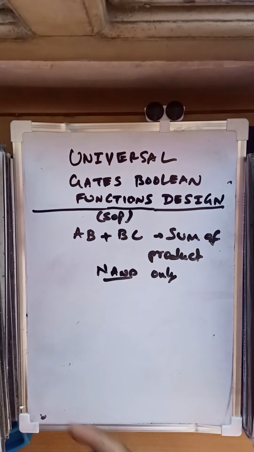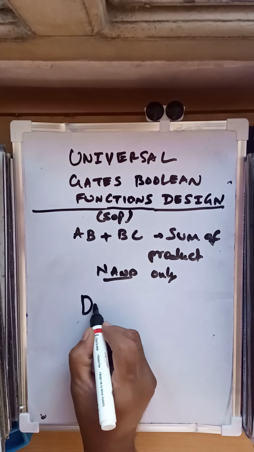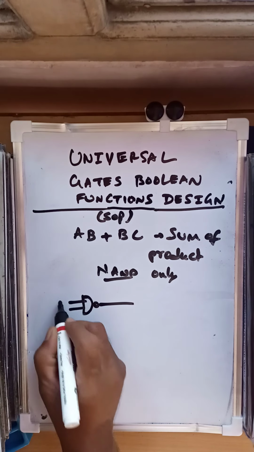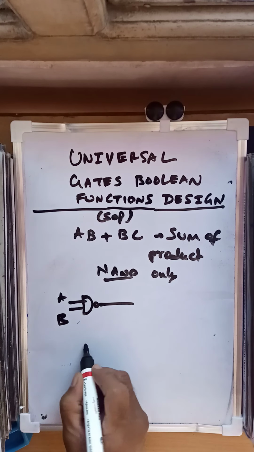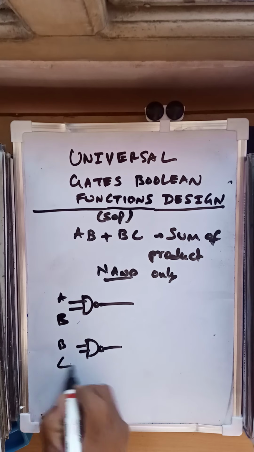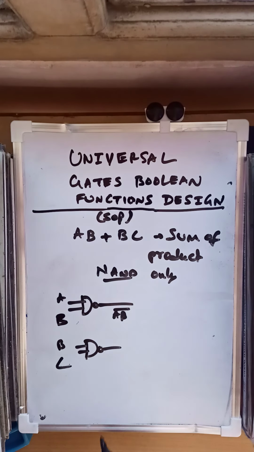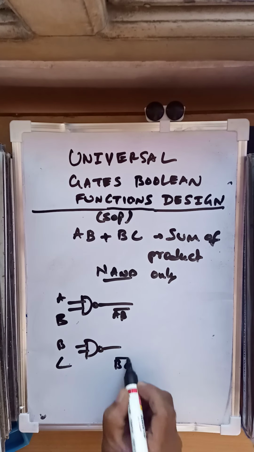So the inputs are given as AB and BC. That means here the output is equal to AB bar, and for this the output is equal to BC bar.